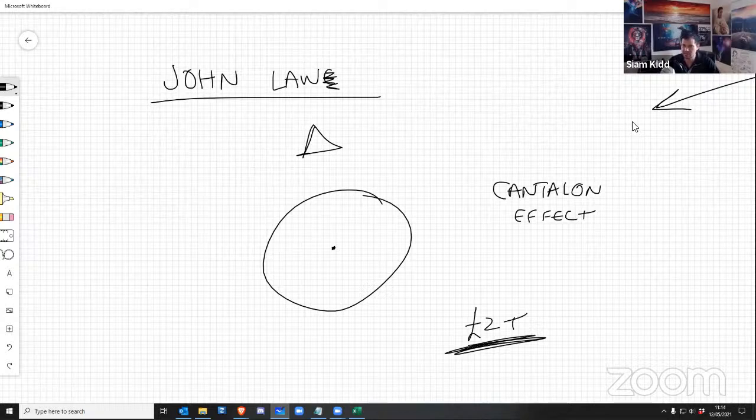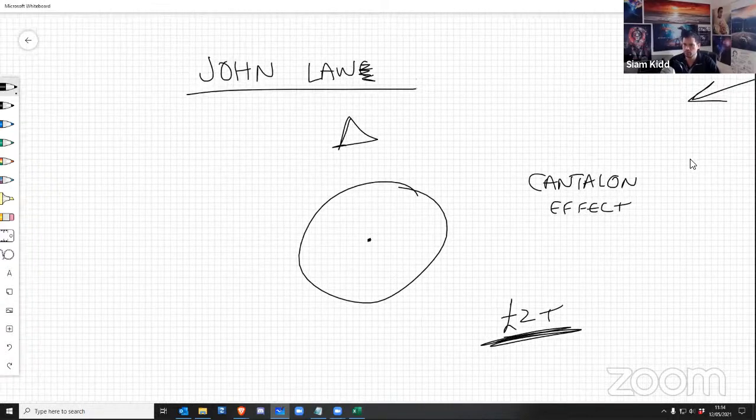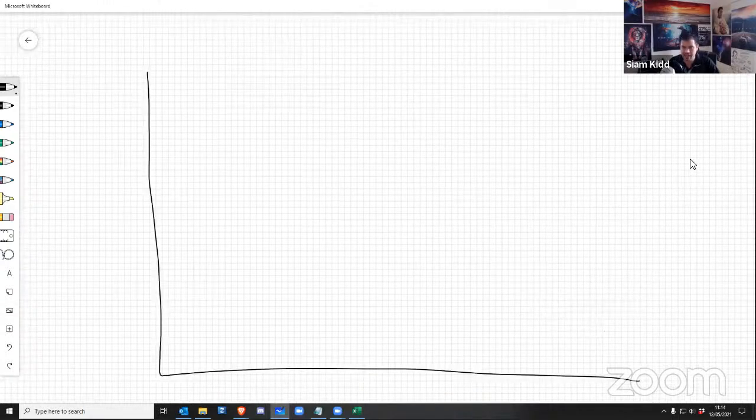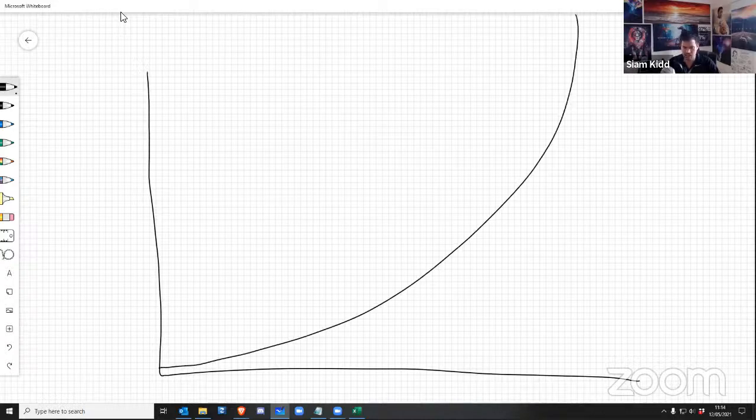And so since John Law, every government in the world has loved the printing press. If you look at pretty much any chart of any currency, I don't care what country, what time frame, it looks like this. The currency printing goes up over time.